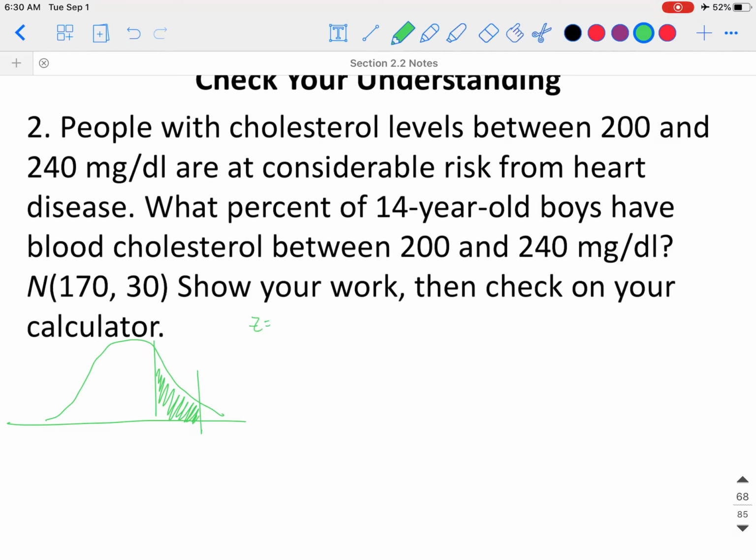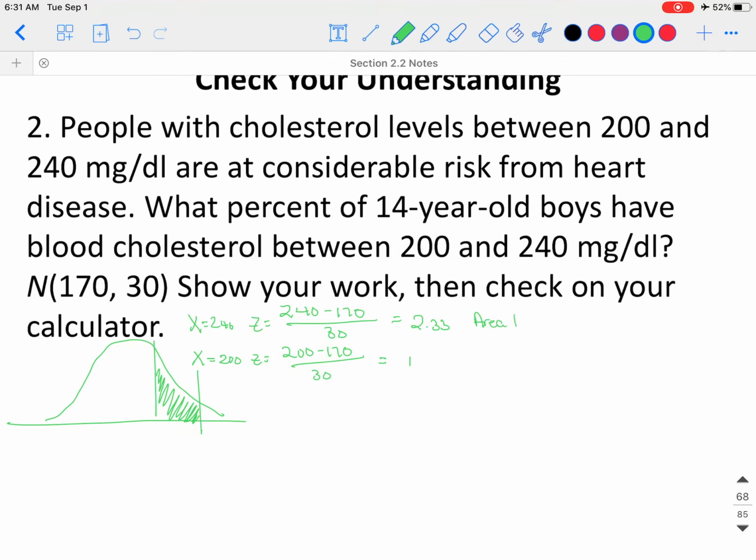So we are going to have to find two different z values, when x is 240 and when x is 200. So we're going to do 240 minus 170 over 30, and we're going to do 200 minus 170 over 30. The first one is going to give us, again, 2.33 like we just had. The second one is going to give us 1.